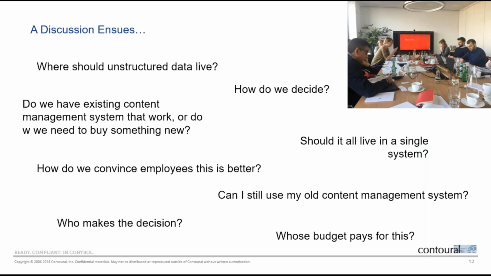So you get this large discussion, or sometimes no discussion. Sometimes each individual silo tries to solve it on their own. IT says, we've got to move to the cloud, so we're going to go with Office 365. But information management doesn't even know that that's happening until it's halfway down the road, and all of a sudden they're saying, well, how are we going to do retention and disposition out there? Who's going to make that choice?